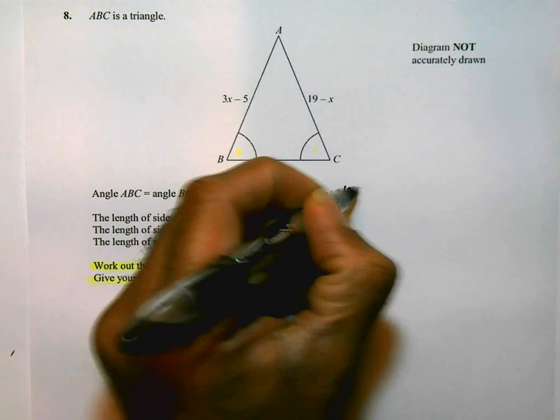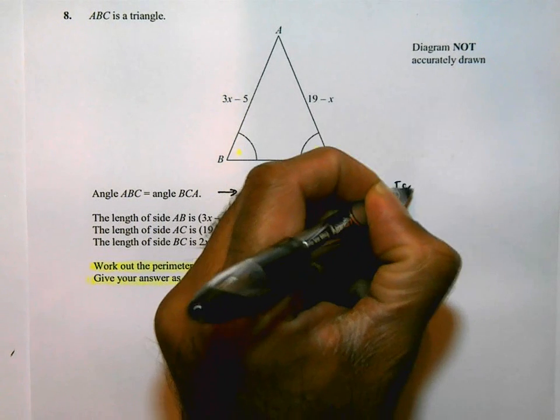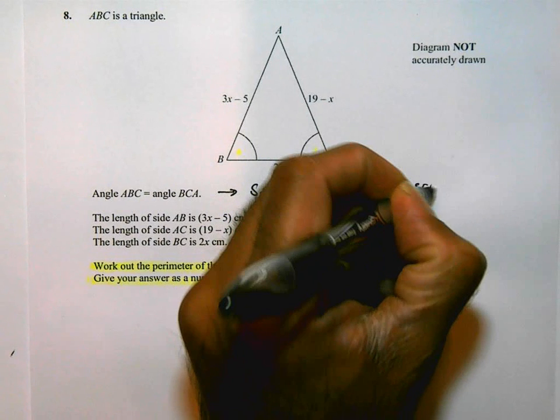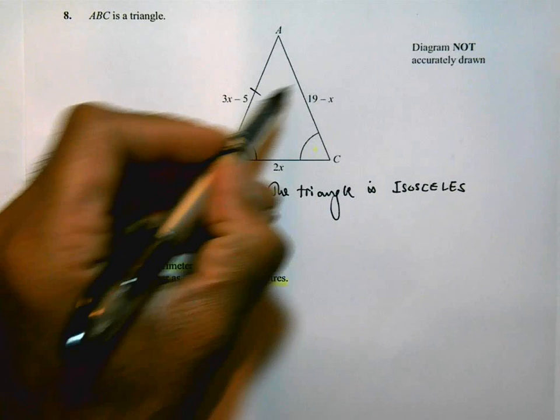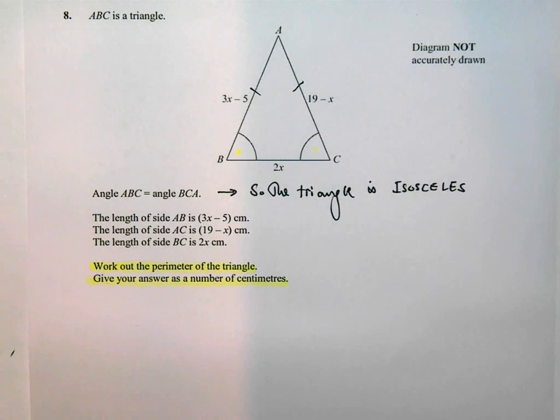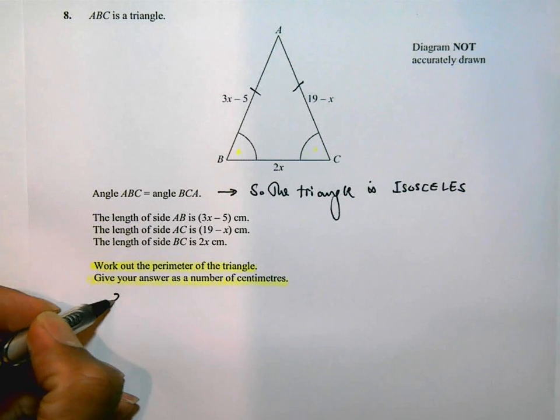And what that means is, if it's an isosceles triangle, those two sides are equal. I'm going to use that information to help me work out the value of x, because if those two sides are equal, that means that 3x minus 5 is equal to 19 minus x.